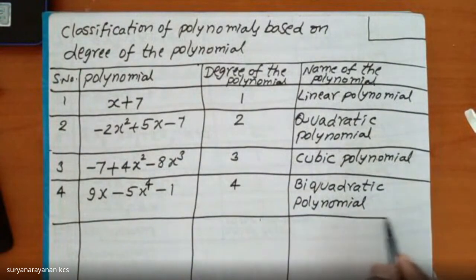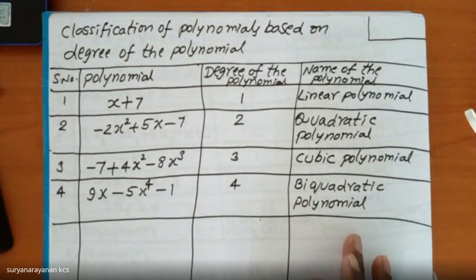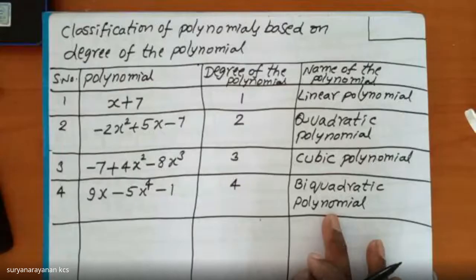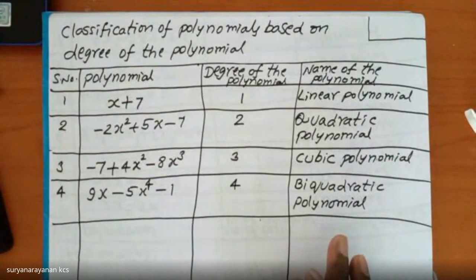What is this polynomial called? Biquadratic polynomial. You have to identify the name of the polynomial by observing the degree of a polynomial. Okay.